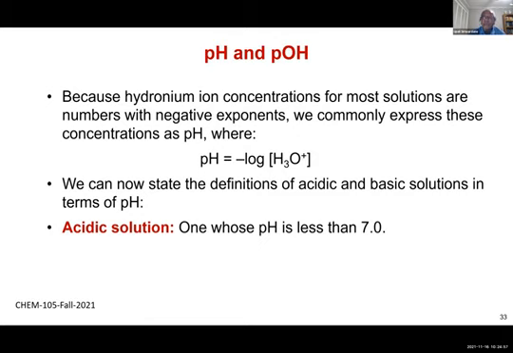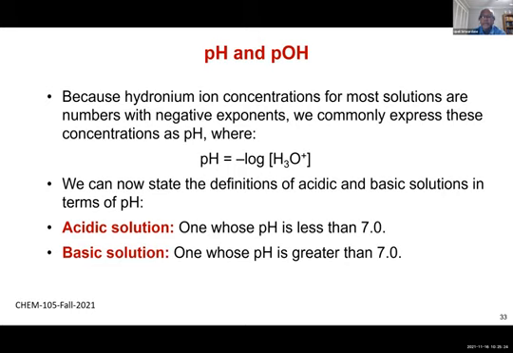Neutral water has a pH of 7. When the hydronium ion concentration increases, from negative 7 it becomes negative 6, negative 5, negative 4. The pH of an acidic solution is less than 7. A basic solution is greater than 7.